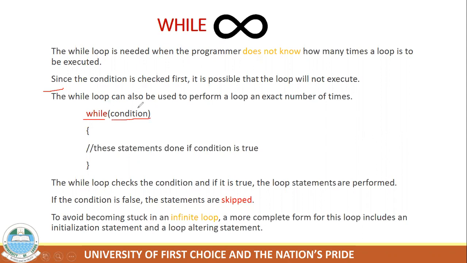So if this condition is true, then this statement will be executed. So let's say previously you've assigned x to be 5, and maybe in your condition, you're saying, excuse me, is x less than 100?